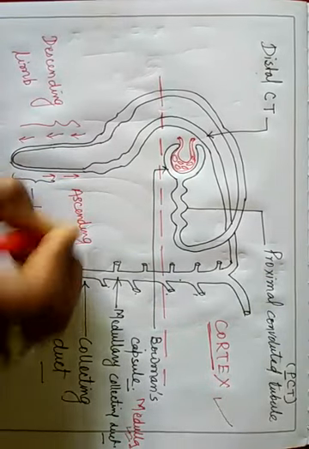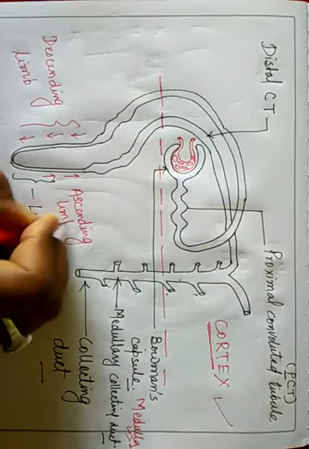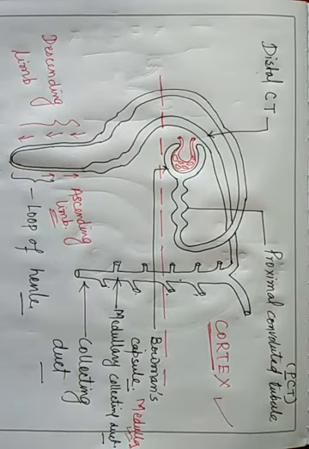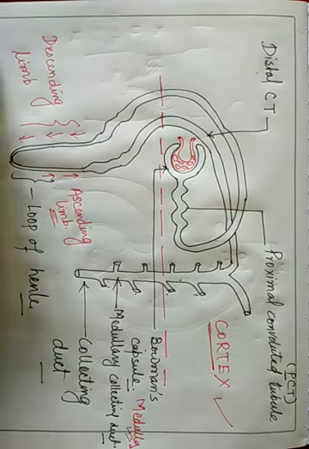So my dear students, please memorize the name of all these structures so that whenever we discuss the mechanism of the filtration of blood, all these names will be included there and you have to recall them. Understood?